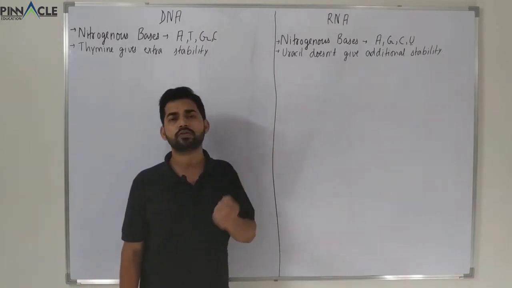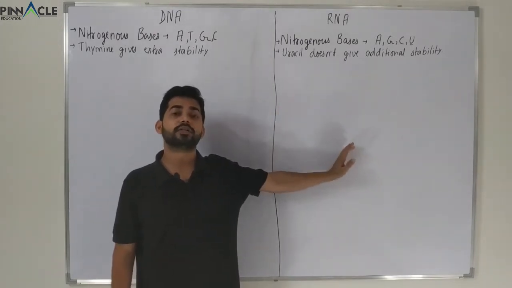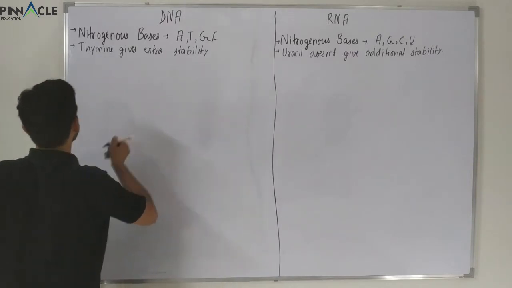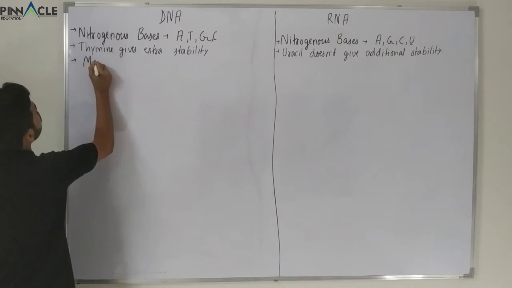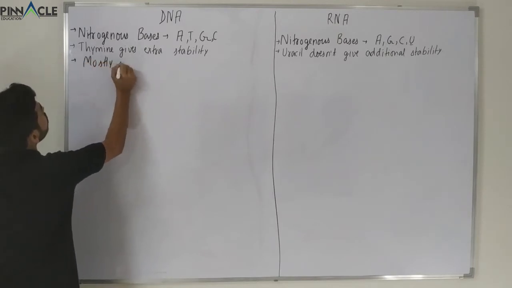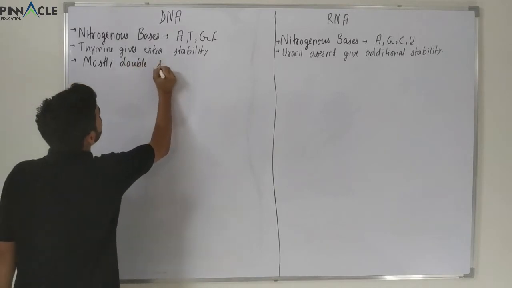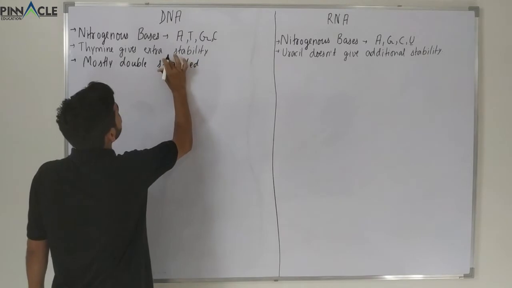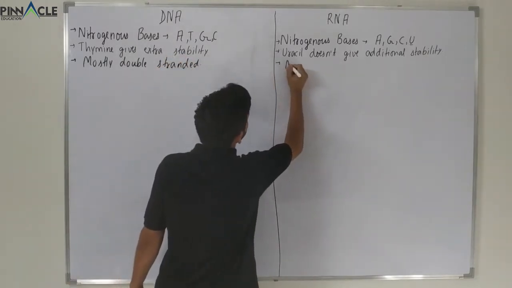Apart from that, there are also a bit of differences. Otherwise, in every organism, DNA is almost double stranded. RNA is mostly single stranded.